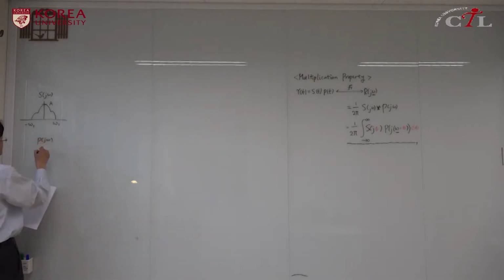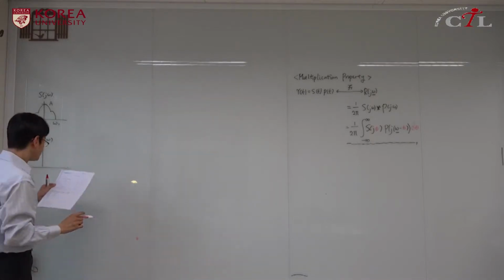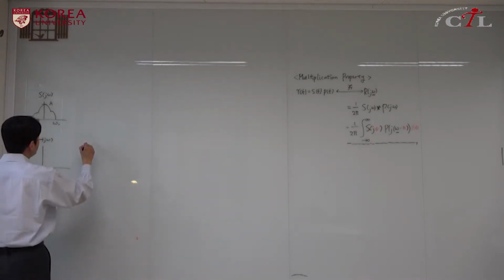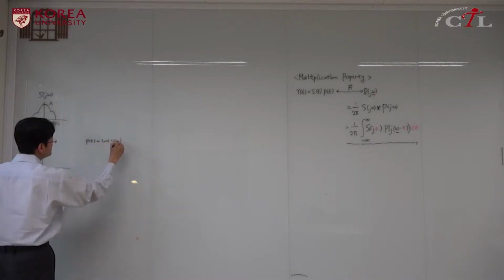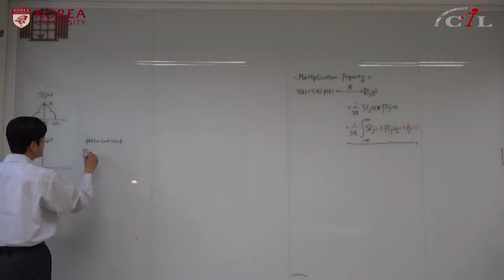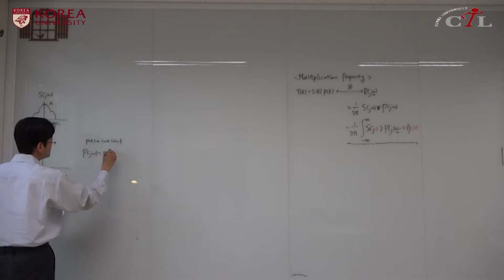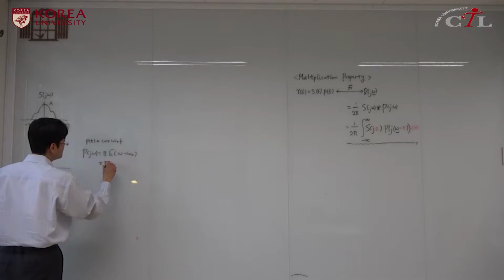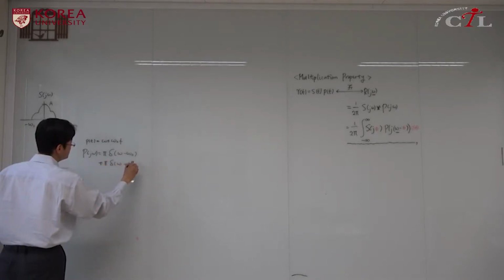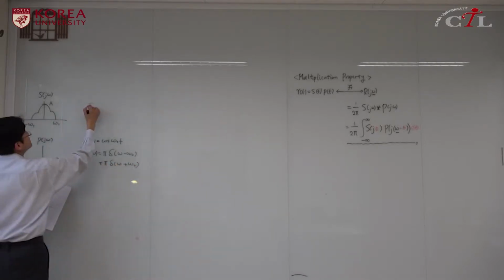And let's select one filter, p, as cosine. If p(t) is cosine omega_0 t, we know that P(j omega) is pi delta(omega minus omega_0) plus pi delta(omega plus omega_0). This is any signal.